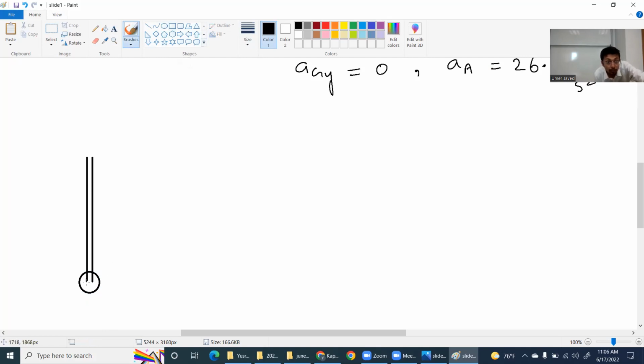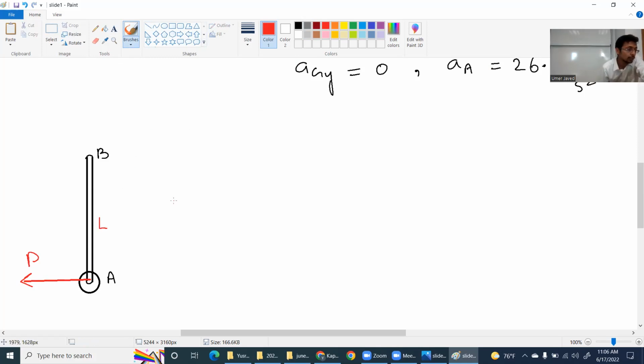This is my point B, and this is my point A, and the force applied is to the left. This is my force applied. This is P. The length of the rod is L.